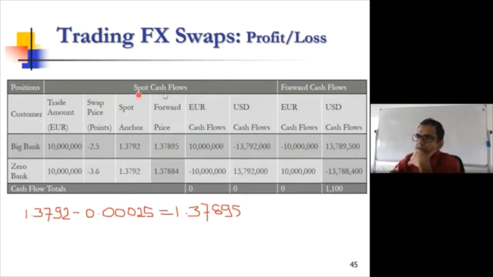Then on the spot date, you buy euro 10 million, pay $13,792,000 to Big Bank. On the same spot date, you sell that euro 10 million to Zero Bank and receive the same dollar amount. So on the spot date, cash flows are 0. No gain, no loss.